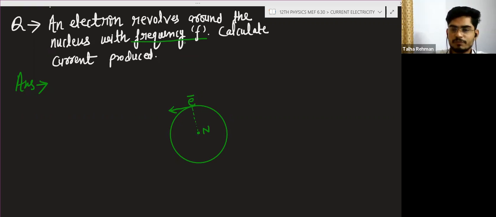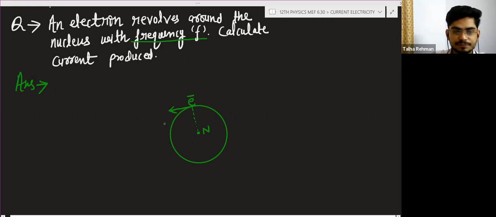So one thing you should remember here: time period. Time period is the time taken by this electron to complete one revolution. Means electron now is here, it is moving like this, and after a time, the electron is here again. That time is known as time period.